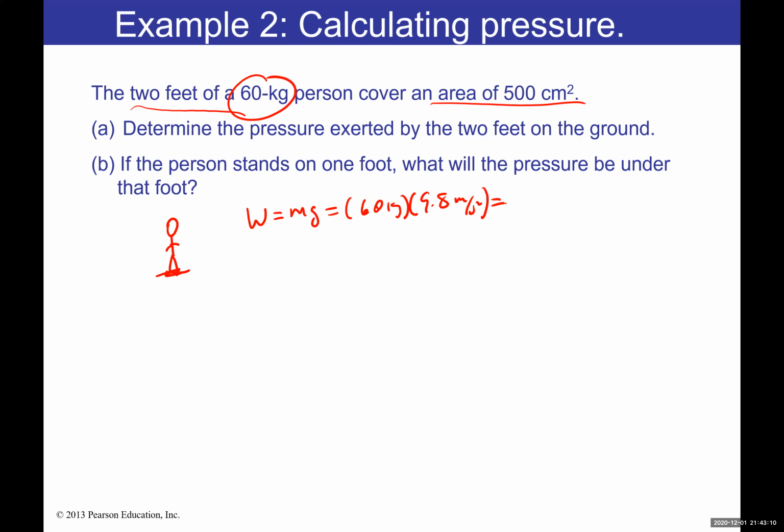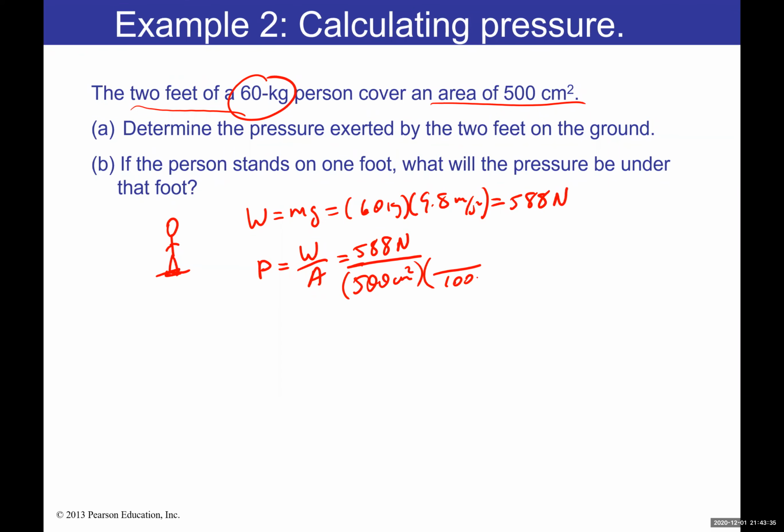So we can calculate this to be 588 newtons. Then we can say, all right, pressure is equal to force per area. So the force is 588 newtons divided by the area, which is 500 centimeters squared. But this has to be converted to meters.